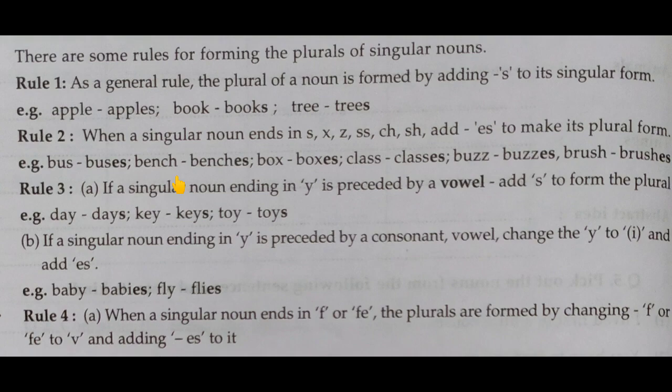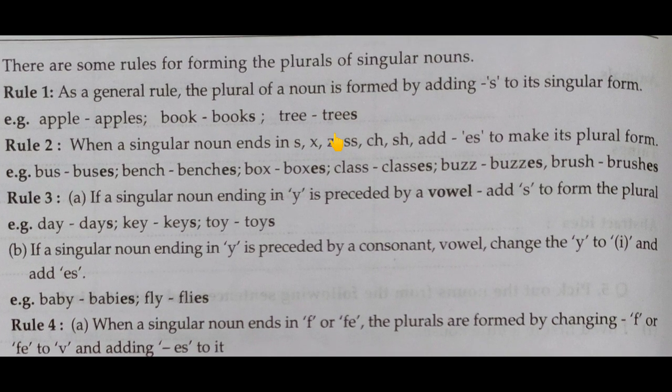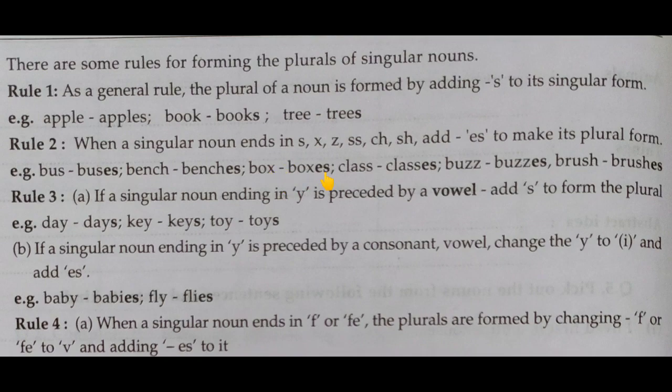So for converting it to the plural, what do we add? There is a ch at the end, that's why we add es to the original singular noun. Here what is the word? Box. So it comes under this rule. It ends with x. That's why we add es to it.